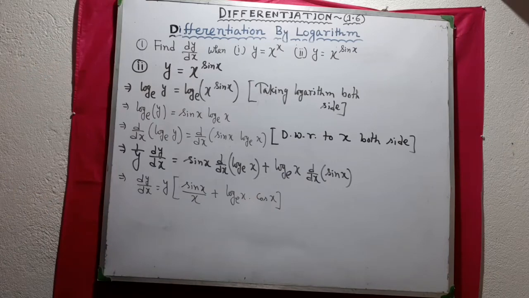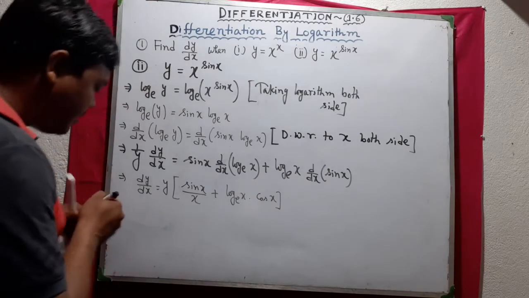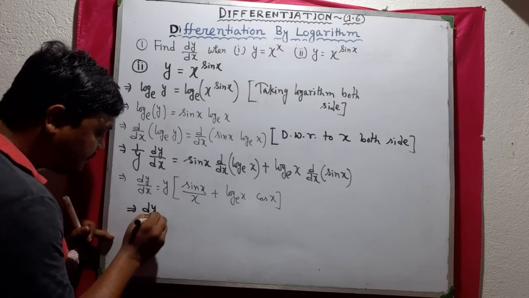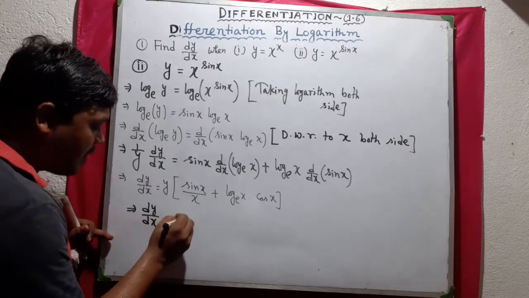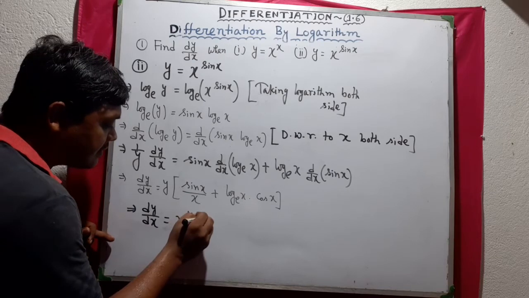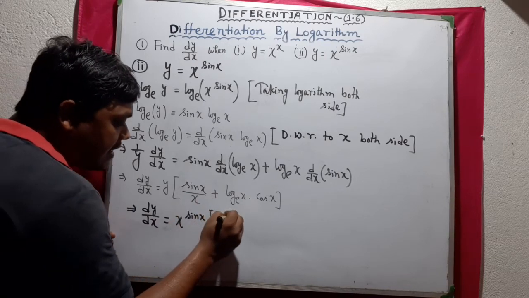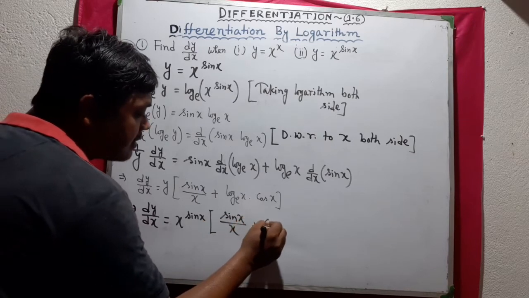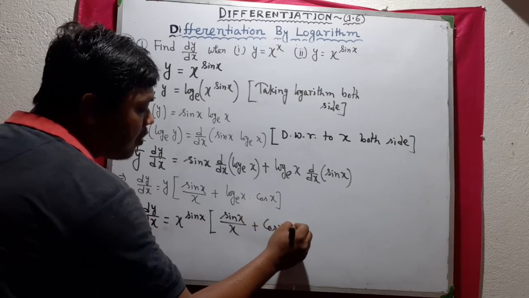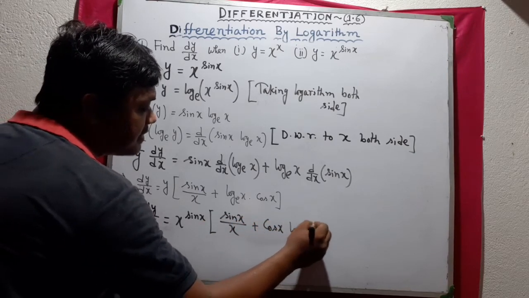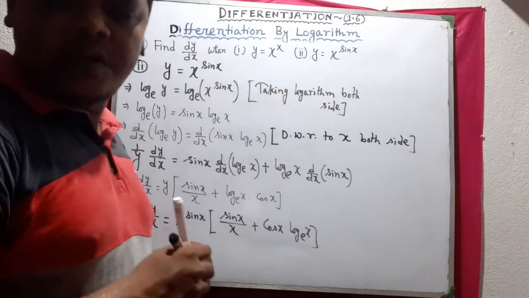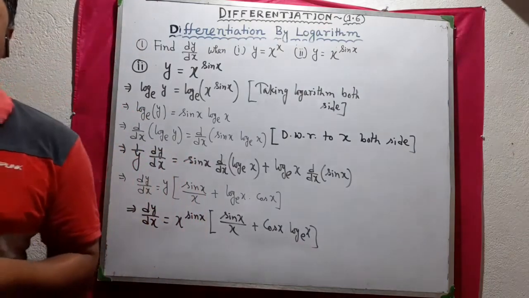So if we put the value of y, we get dy dx equals x to the power sin x into [sin x by x plus cosine x into log x base e]. That is the derivative. So problem number 1 has been solved. So next we take another problem.